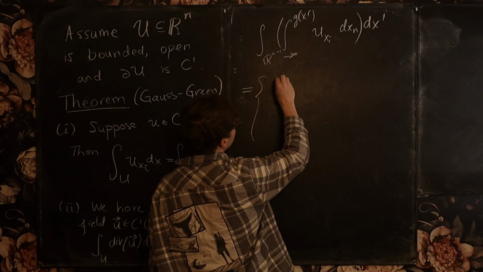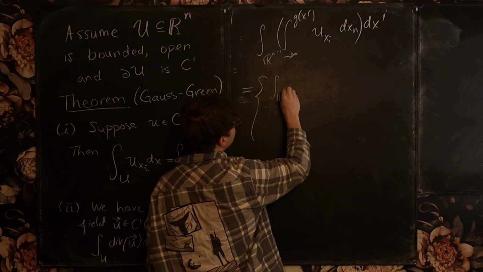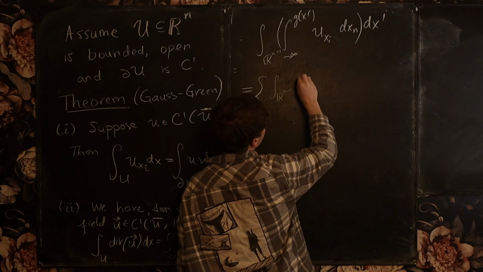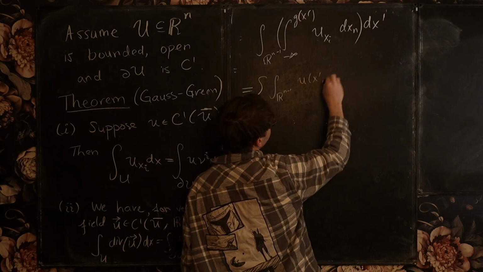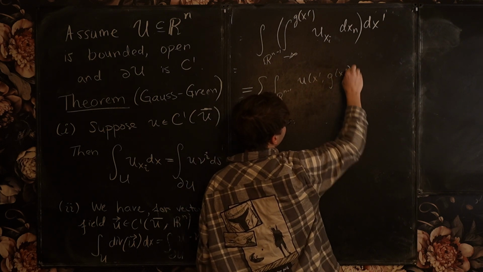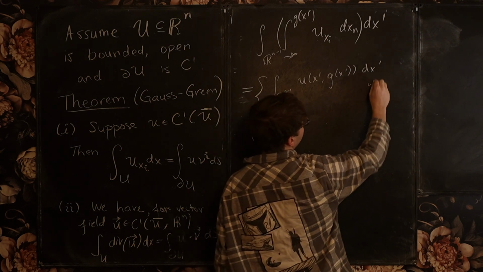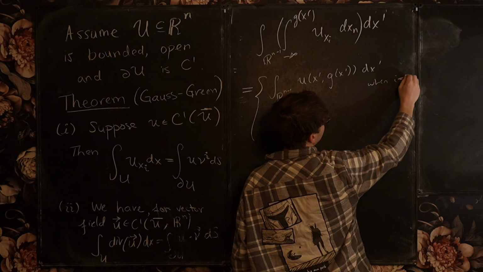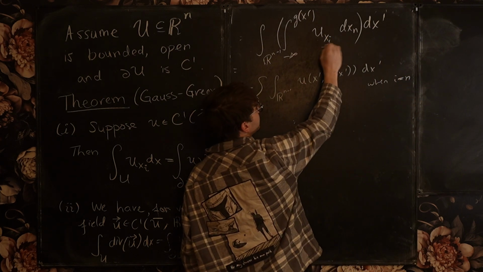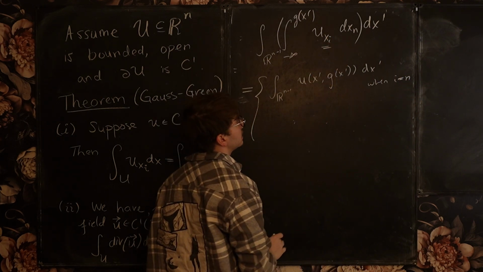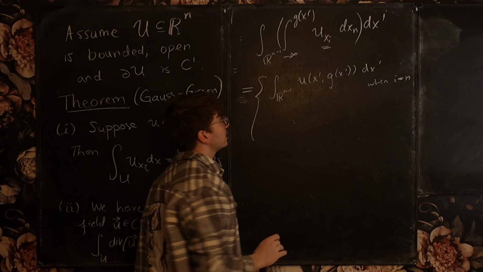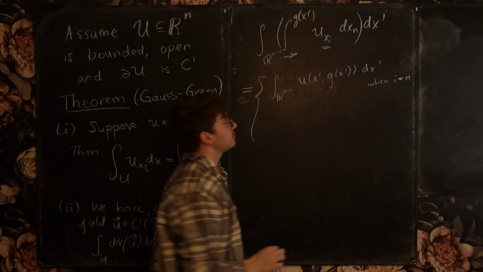It's equal to the integral over Rn minus 1 of u of x prime, g of x prime, g_x prime dx prime when i is equal to n, so when this partial derivative is with respect to the xn variable.